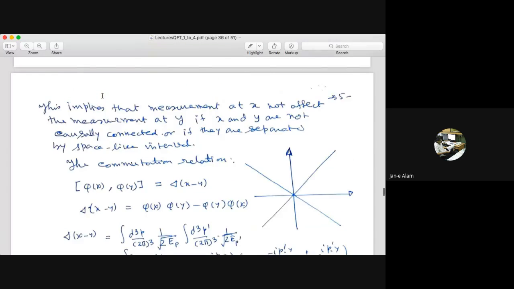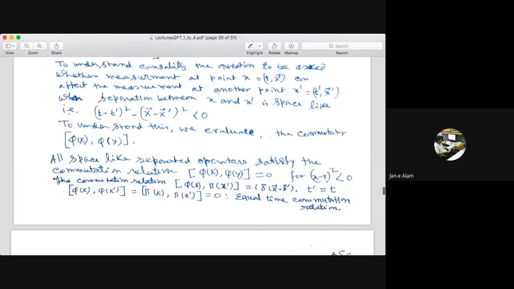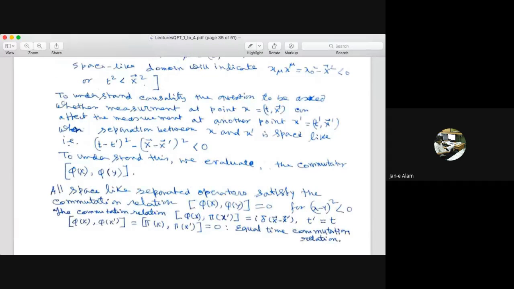If that commutator is 0, that will imply that the measurement at x does not affect the measurement at y, if x and y are not causally connected. When the 2 points are space-like separated, then they are not causally connected, because as I said here, you get the c value which will be less than x by t.